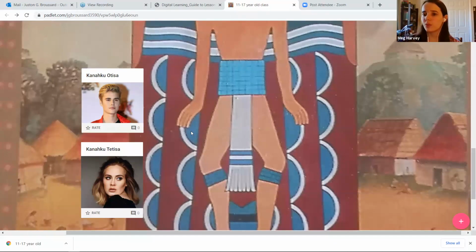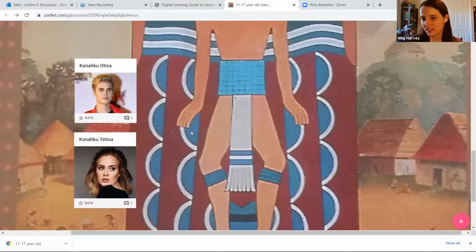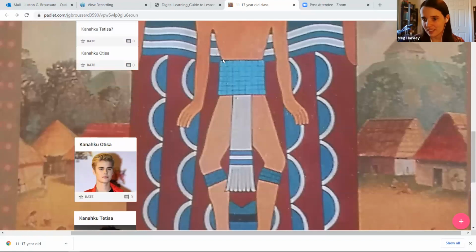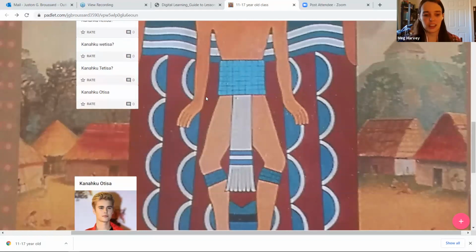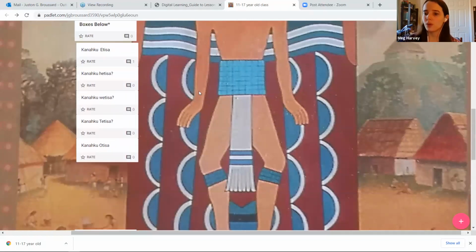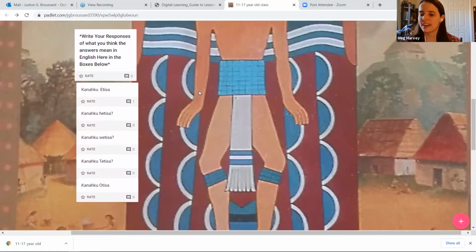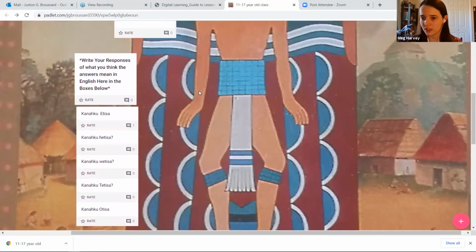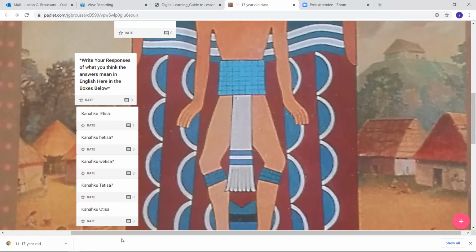And how about when we were asking each other? Did we see a similar change there? Like right now we're talking about someone else. So we have Kanak Otisa and Kanak Tetisa. But when Justin asked Sydney what her name was, what did he say? Does anyone know? We can see one of the examples on the left here. Kanako Otisa? Awesome.